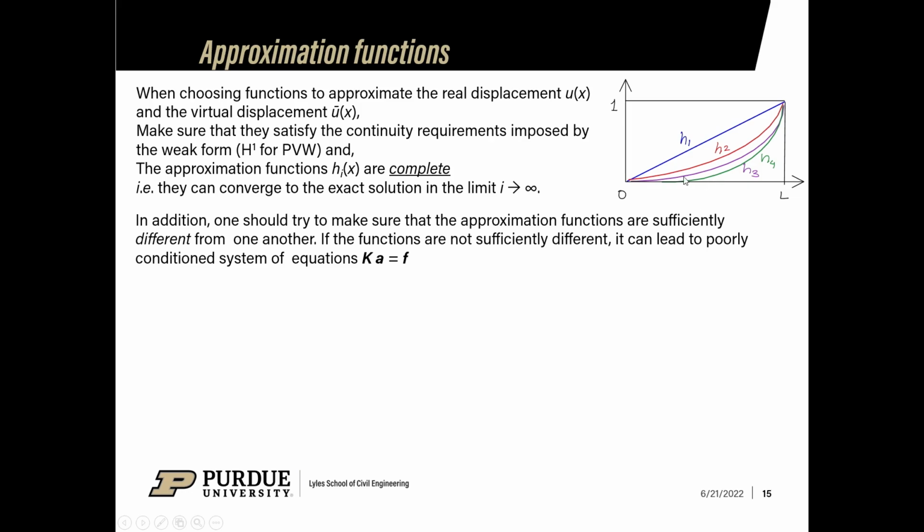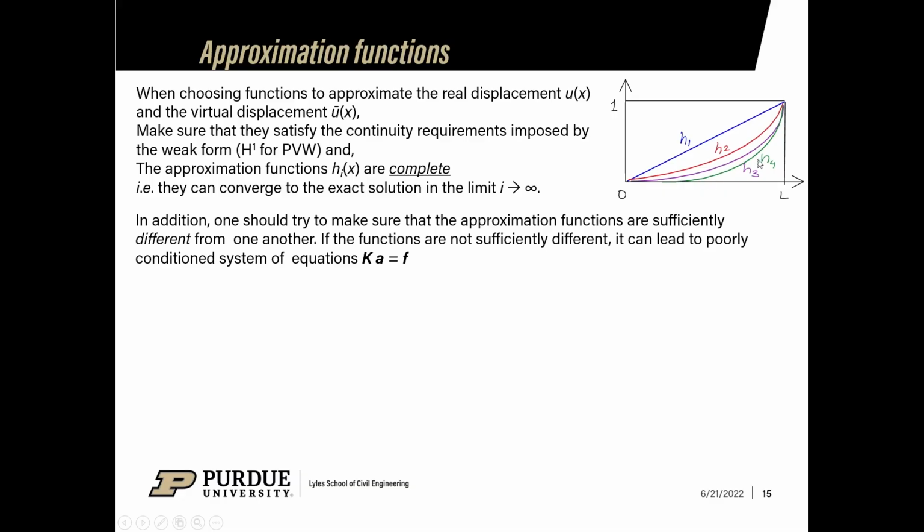Another thing that you may note is that these functions, the linear, quadratic, cubic, and quartic, and so on, tend to look more and more like each other as we increase the polynomial order. From h1 to h2, those are definitely two different functions. h2 to h3 is not a very big change.